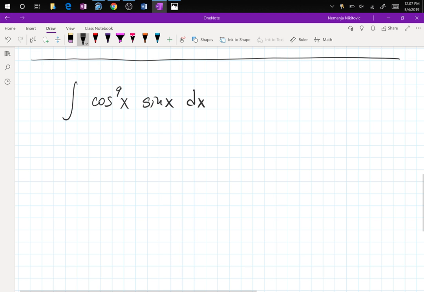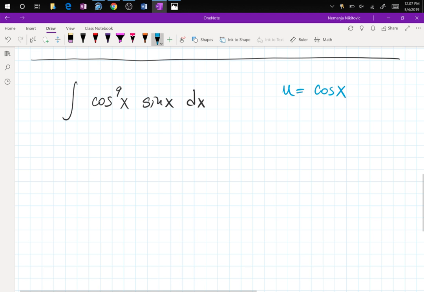So what's my u? What has its derivative laying around? Sine x. No, cosine x is the u. Because cosine x is the one that it's raised to the 9th power.